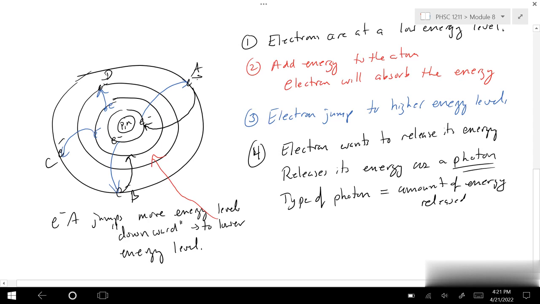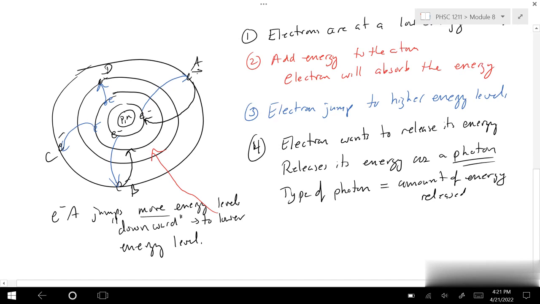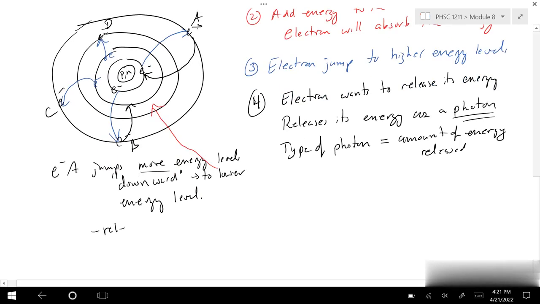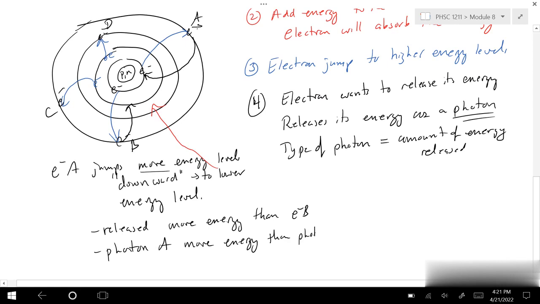Electron A jumps more energy levels to get to a lower energy level, so it's released more energy than electron B. So the photon for A has more energy than the photon for B.